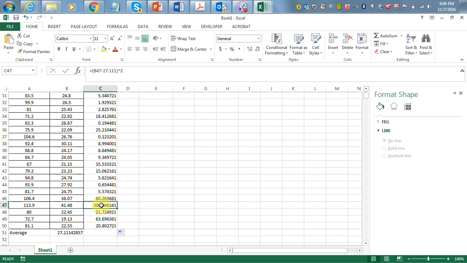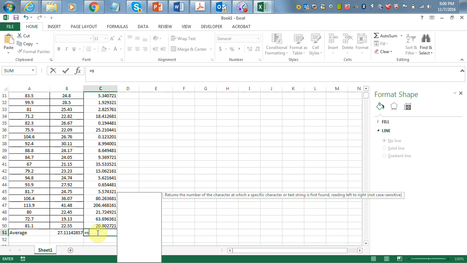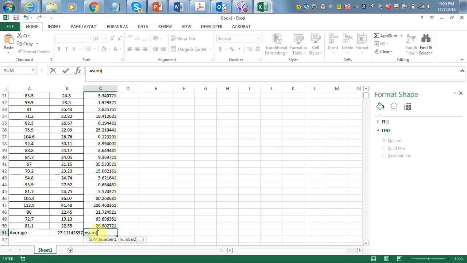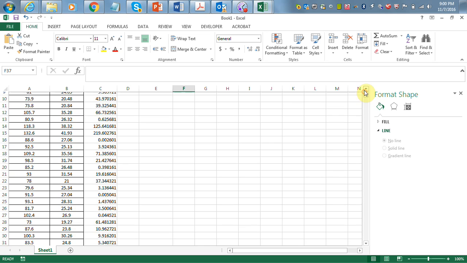So I can actually see something by looking at the individual sum squares. If I do the sum square total, I would sum from C2 to C50, the entire column, and that gives me the sum square total. So I'm going to highlight that because that's one of the things that you have to know.